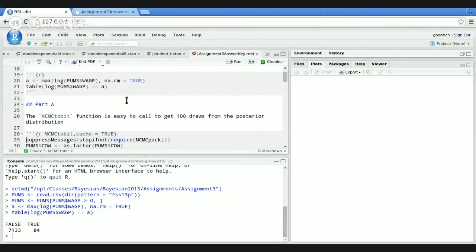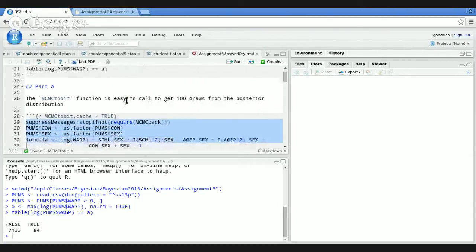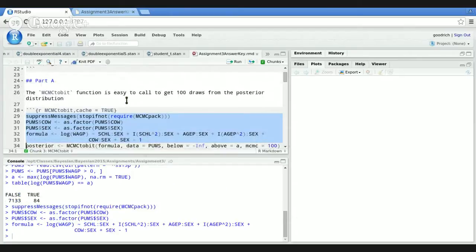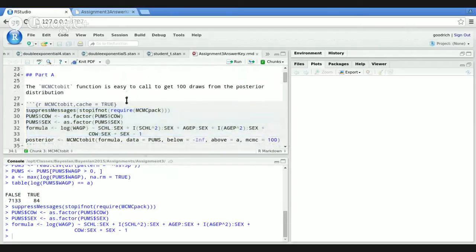And all we know about those unknowns is that they're greater than some threshold A. And so you could specify any model that you want. And this is the one I chose.